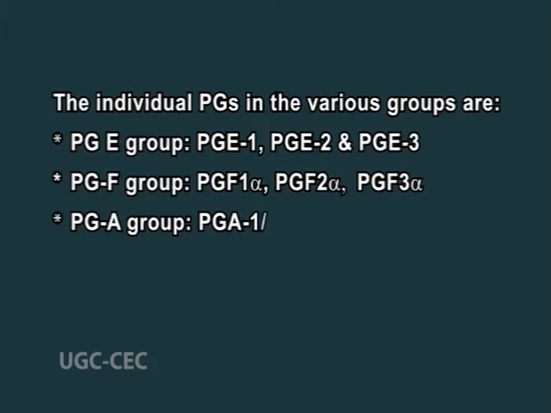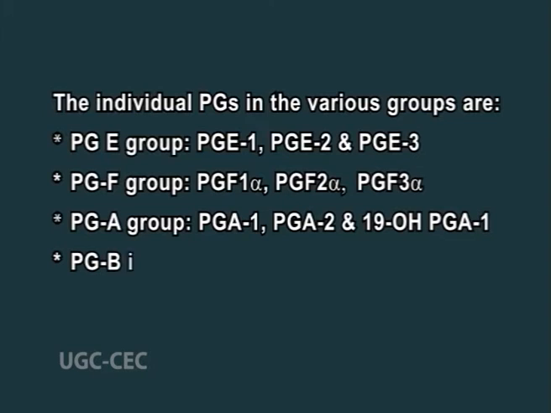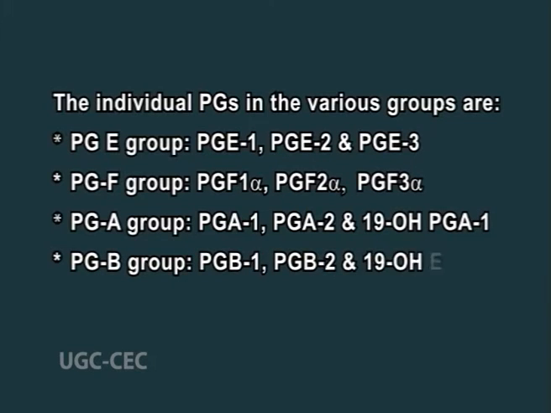In the PGA group, there are prostaglandin A1, A2, and 19-hydroxy prostaglandin A1. In the prostaglandin B group, we have prostaglandin B1, B2, and 19-hydroxy prostaglandin B1.